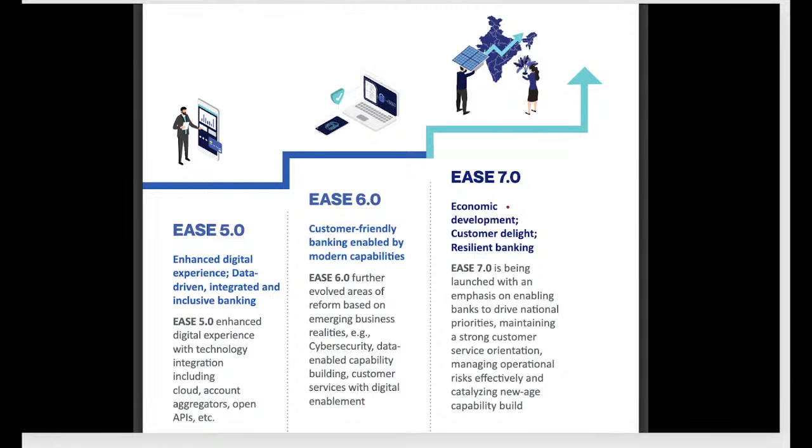Seventh one is the current EASE 7.0 that is being launched with an emphasis on enabling banks to drive national priorities, maintaining a strong customer service orientation, managing operational risk effectively and catalyzing a new EASE capability build. So that was the objective of this particular one.